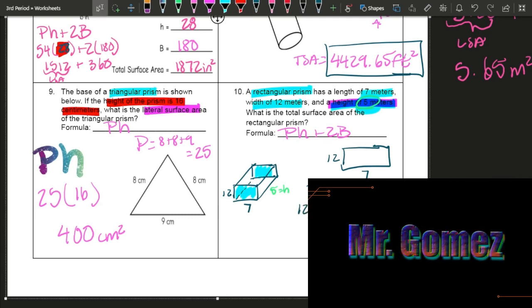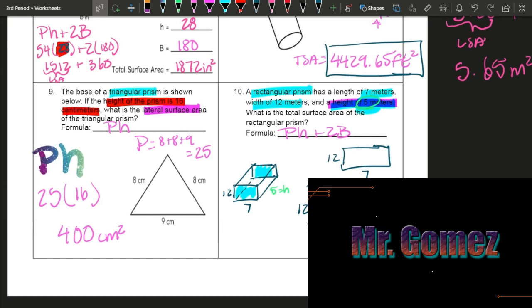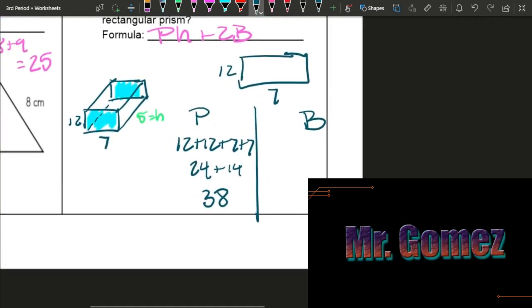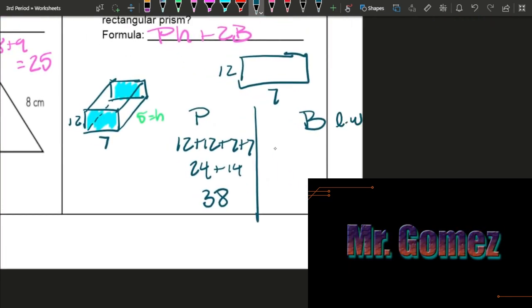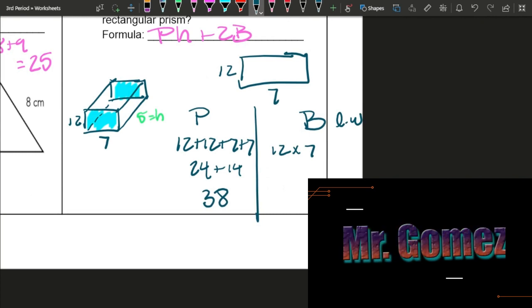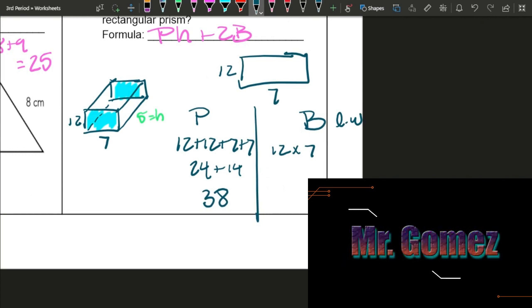Very good. 12 and 12 is 24 plus 14, which is going to give me 38. And for the area of the base, this is just length times width. 12 times 7, which is going to be what? 84?